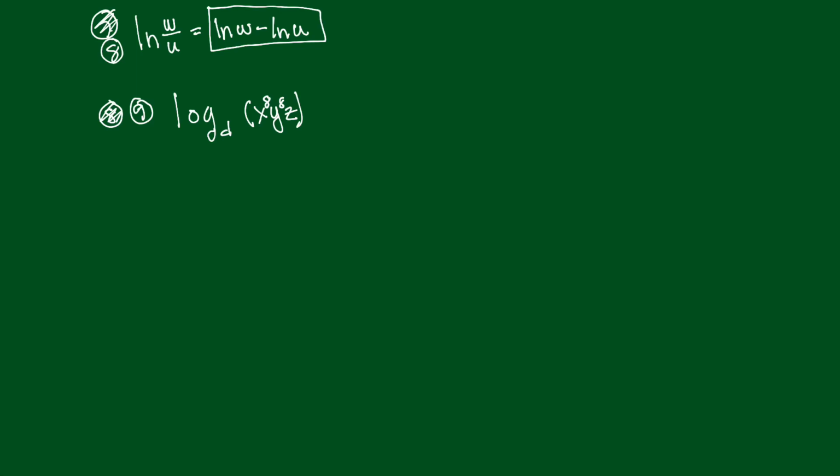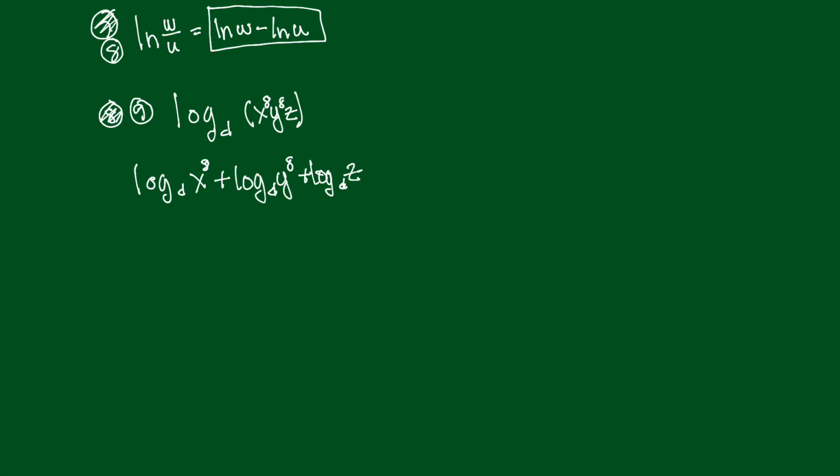Right, now first of all, I notice this. I've got the logarithm of a multiplication. So let's break that up first. We'll get the log base d of x to the 8th plus log base d of y to the 8th plus log base d of z.